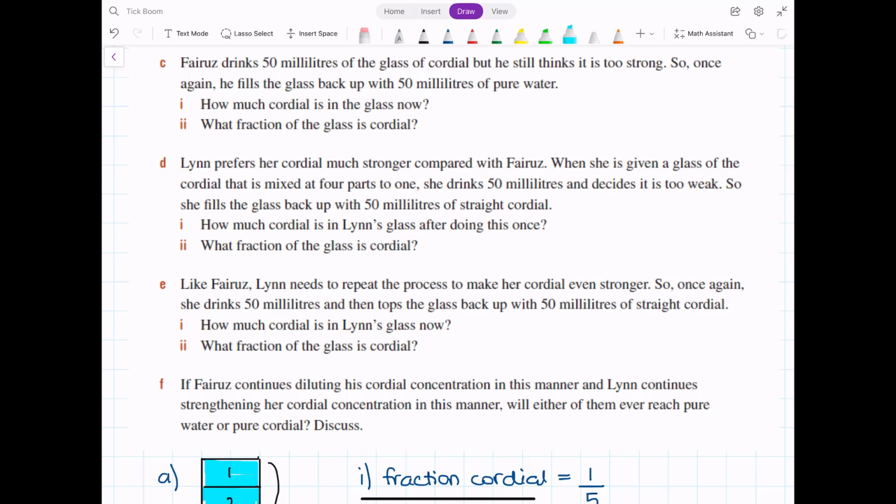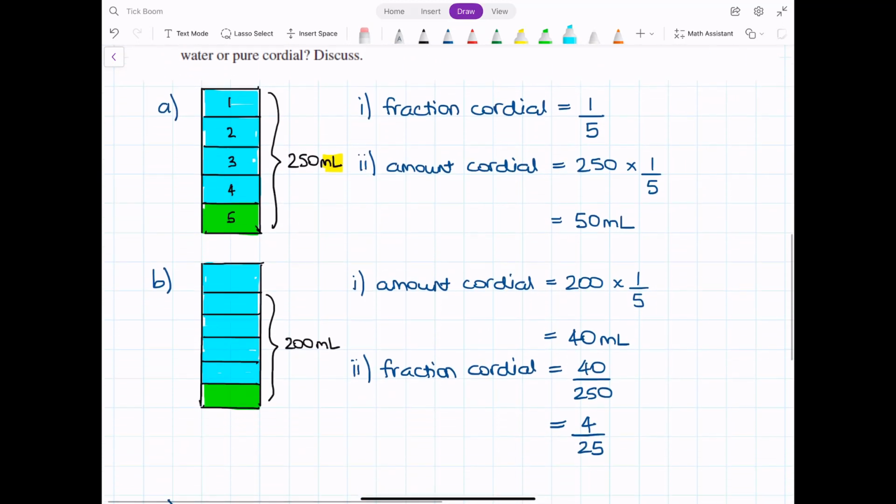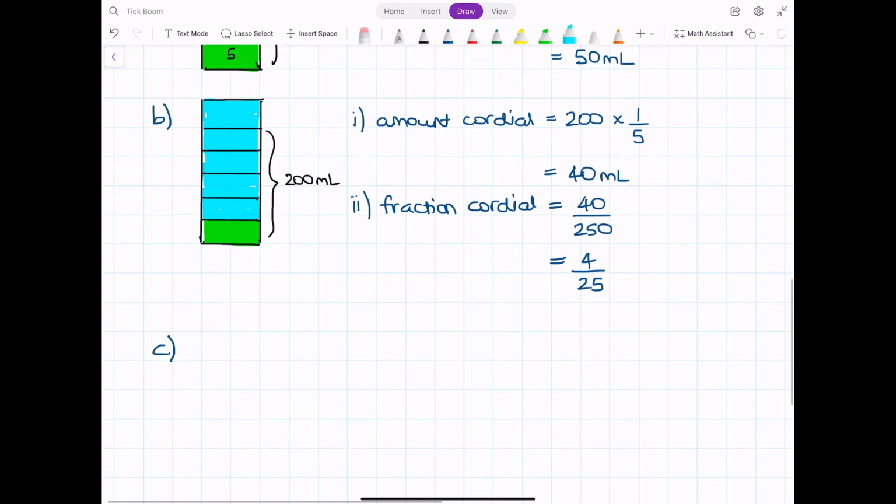We drink 50 milliliters of the cordial, then replace it with 50 milliliters of pure water, and we have the same two questions. How much cordial is in the glass now, and what fraction of the glass is cordial? So it's the same process as in part B. Rather than draw up a diagram, I think hopefully you can notice what's going on.